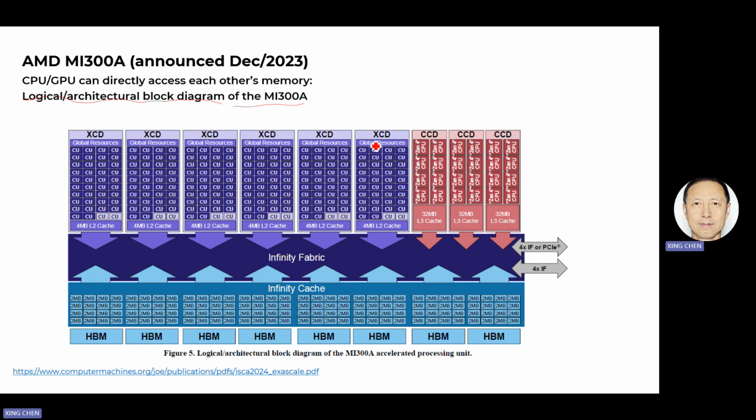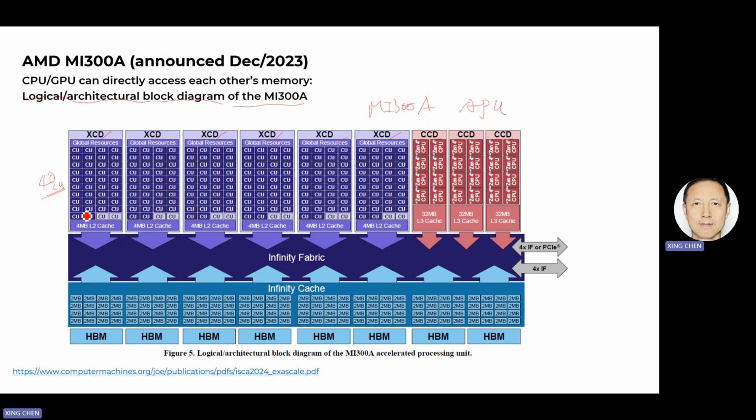Okay, so you have this MI300A APU, and on the chip, you have nine chiplets. You have 3 CCD chiplets, and you have 6 XCD chiplets. Each XCD chiplet has 40 CUs, but because of production, 2 CUs are reserved to keep a higher production yield.